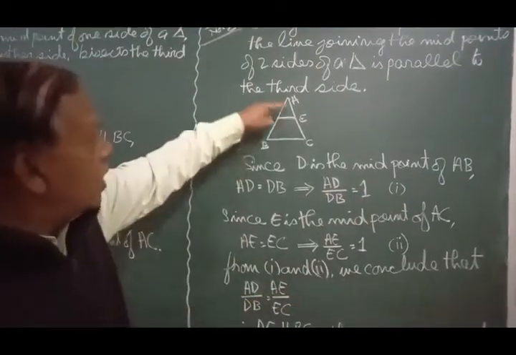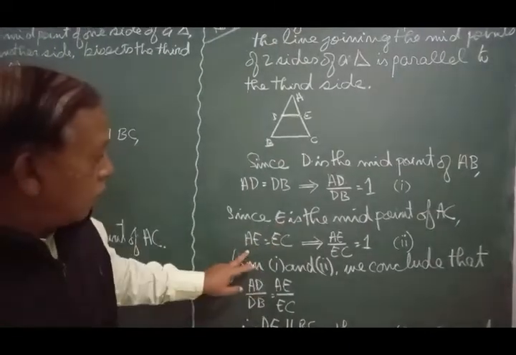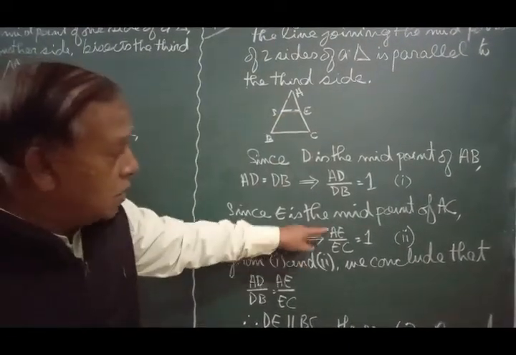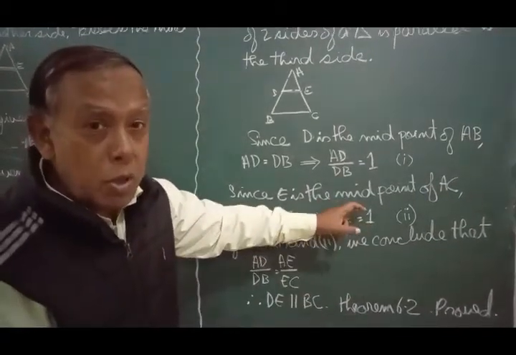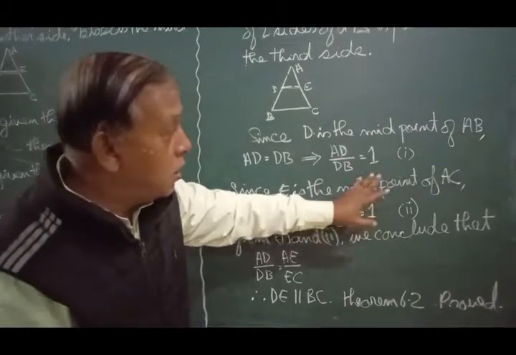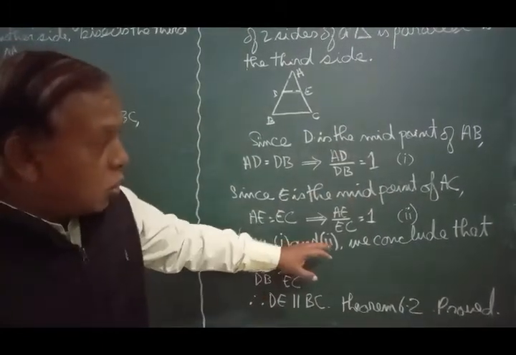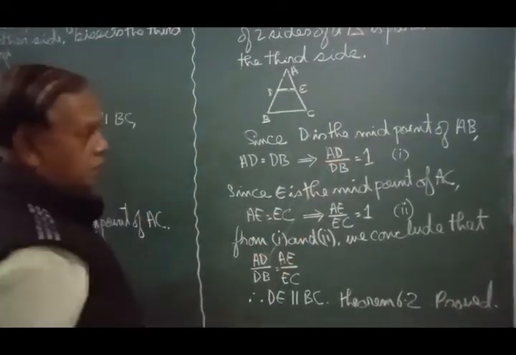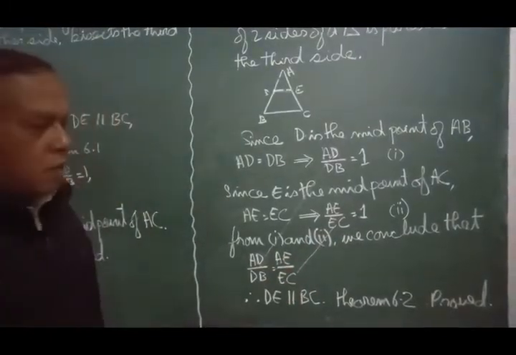Similarly, we say E is the middle point of AC, and therefore AE is equal to EC, which means AE upon EC is equal to 1 because both are equal. So when you divide, you get 1. And look at this, both of these are 1. So from 1 and 2, we conclude that AD upon DB is equal to AE upon EC.